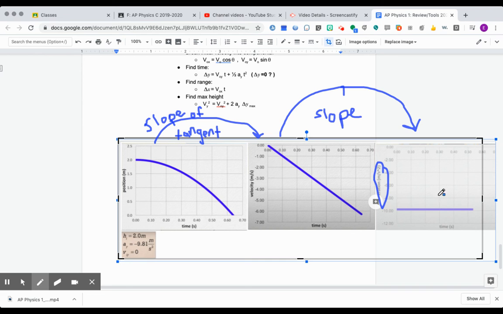To go in the opposite order, to go from acceleration to velocity, we take the area between the trend line and the x-axis, which in common language we say the area under the curve. But technically, in the case of a negative velocity, it'd be the area above the curve.